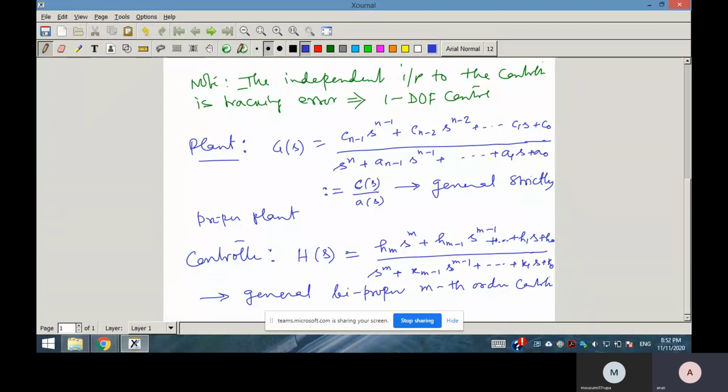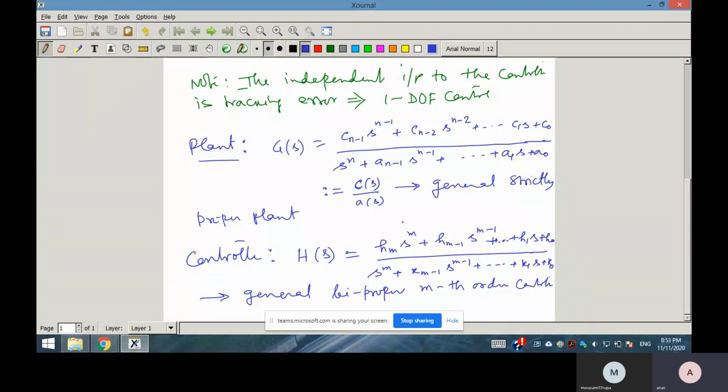For an mth order controller, how many tunable gains do you have? In the numerator m plus 1, and in the denominator m. So 2m plus 1. If it is a first order controller, then three control gains will be there.